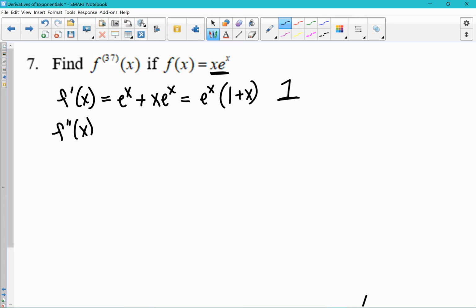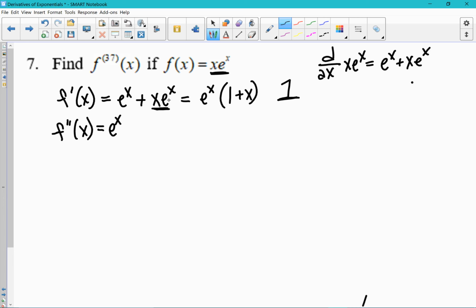Well, let's find our second derivative. The derivative of e to the x is just e to the x. Now, notice I've already taken this derivative. We found that if you took the derivative of x e to the x, you would get e to the x plus x e to the x, which is kind of neat. So I have that right there.